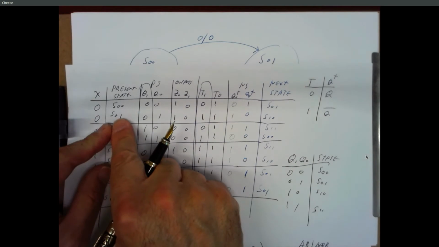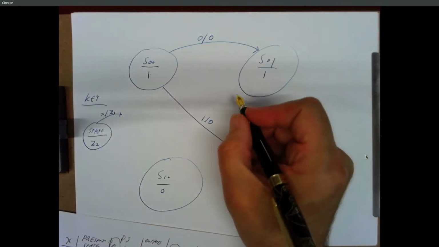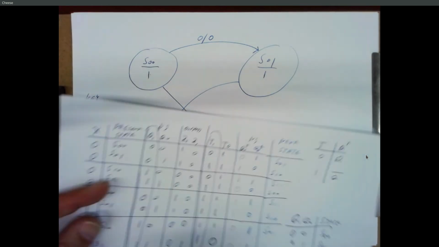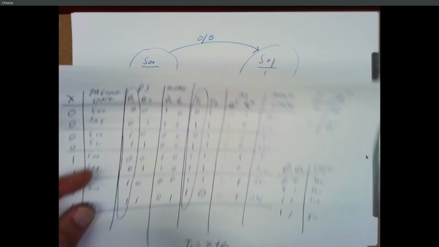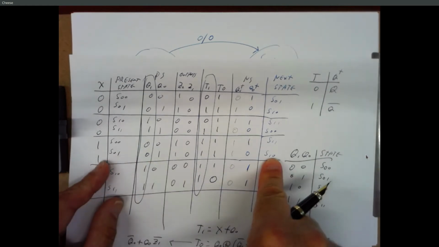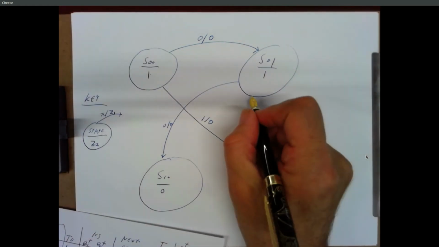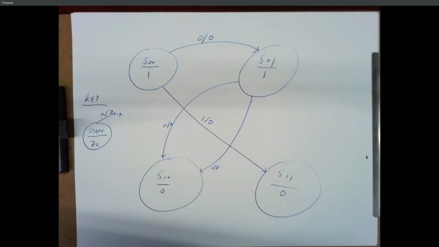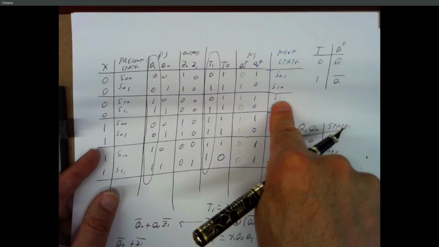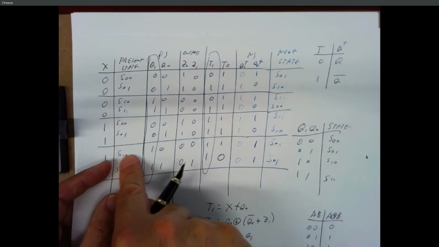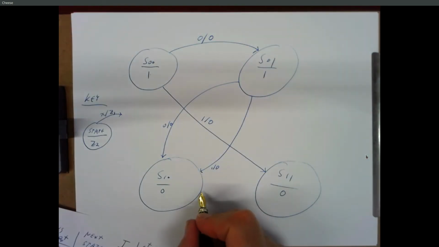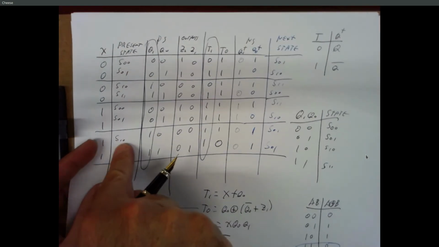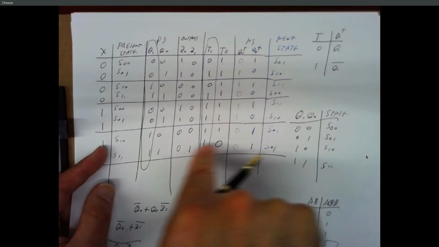Okay, state 01 goes to 10 if your input is 0. And state 01 goes to 10 if it's a 1. State 10 goes to 11 if your input is a 0. State 10 goes to 01 if your input's a 1.